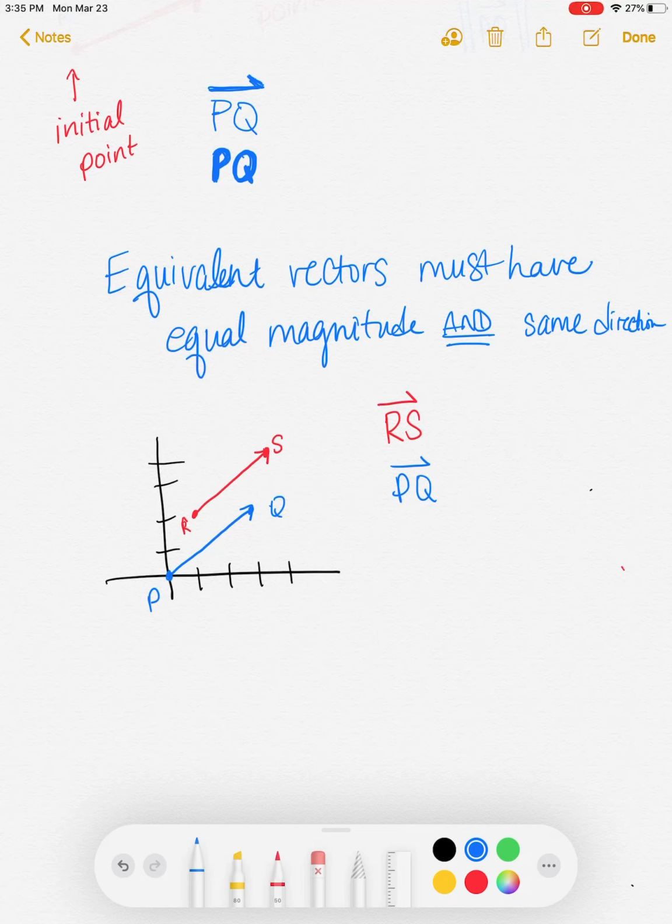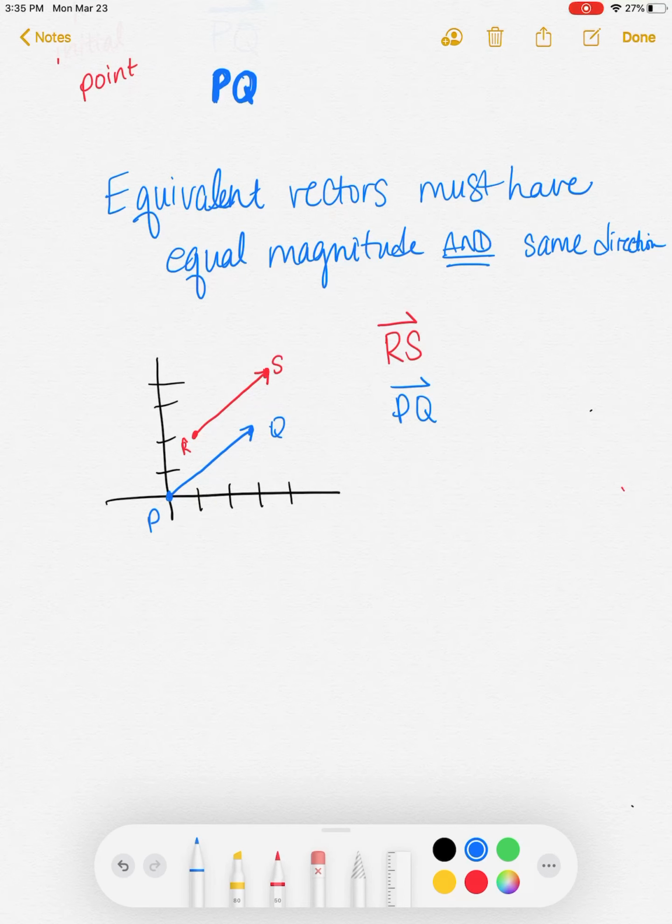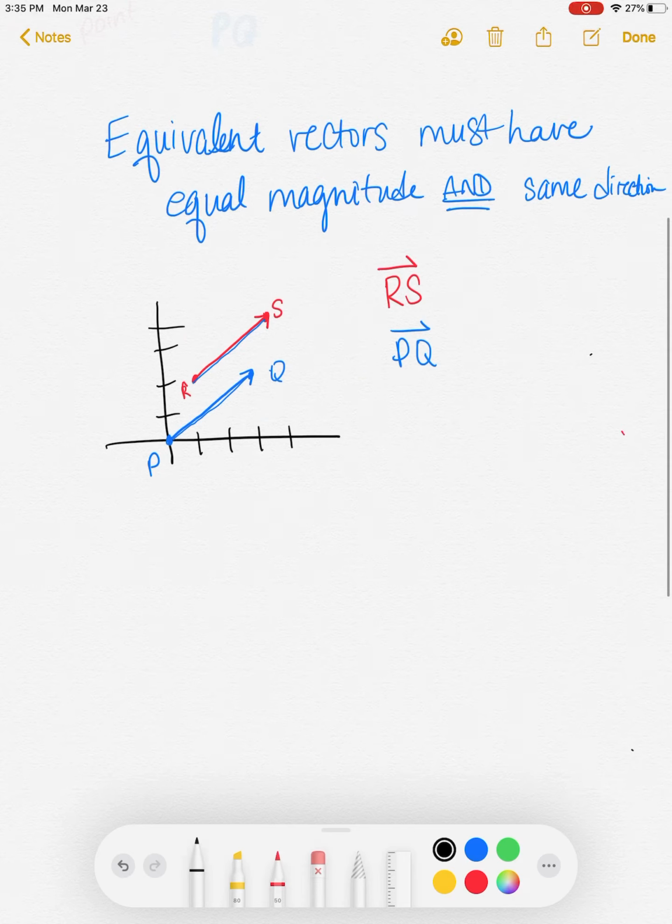So if we want to find out whether or not these vectors are equivalent, first of all, you can tell that the direction is the same, right? You can tell that they are both going the same direction. We can also find their magnitude, how long they are, and it's essentially the distance formula.